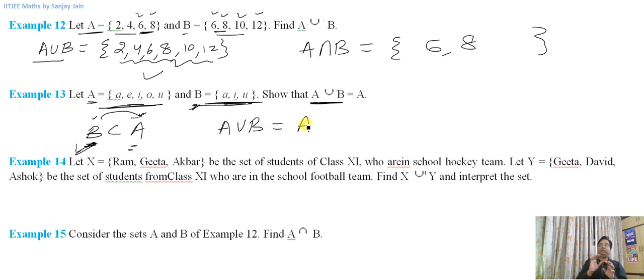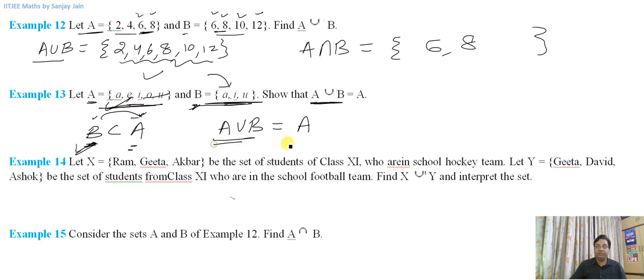Or when you take union of two sets and one of the sets is a subset of the other set, right? Then the superset or the bigger set will be your answer. Because once you write the bigger set, you would have written all the elements in the subset, right? Because you don't have to write them again and again.